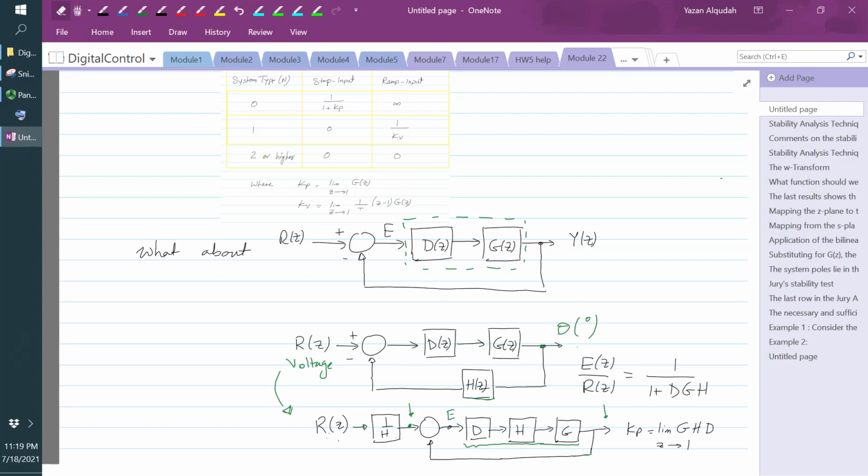So if I have an input that is a voltage and I have an output that is, say, a servo motor that I'm trying to control and the output is the angle theta, then I'm going to have a sensor that's going to translate theta to a voltage, and therefore I'm going to have H of z that is not unity, and therefore the output theta and the input are of different nature. So I cannot consider the steady state or talk about an error between theta and voltage. If I want to calculate the error, they have to be of the same nature.